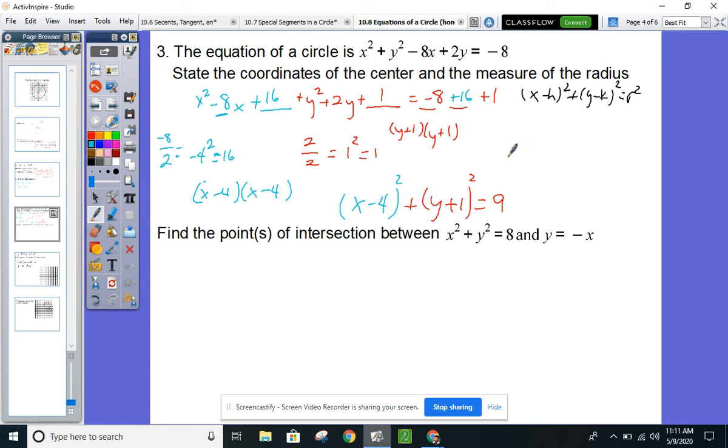So our center, our h comma k, is at positive 4. And since this became positive, and originally should be a negative, the switch means it was a negative 1. And our radius will be the square root of that. So r squared equals 9, so then r equals 3. This is our center and our radius.